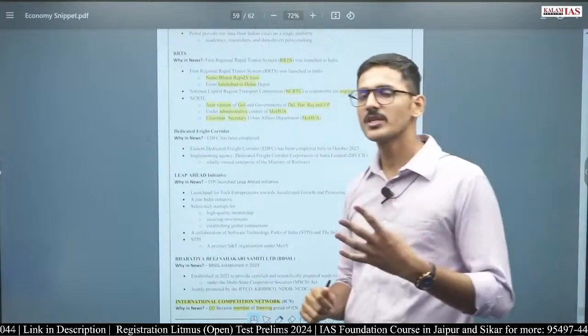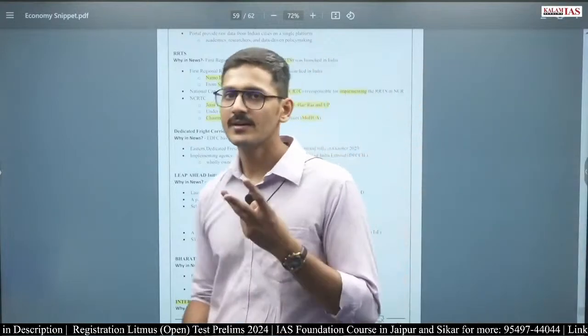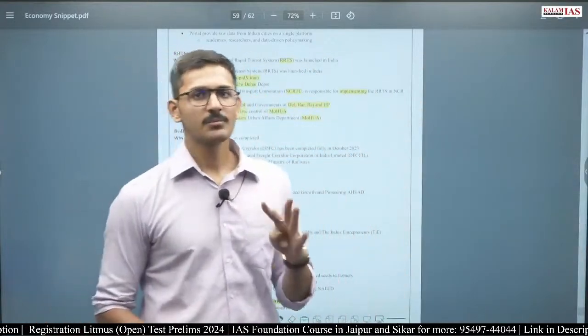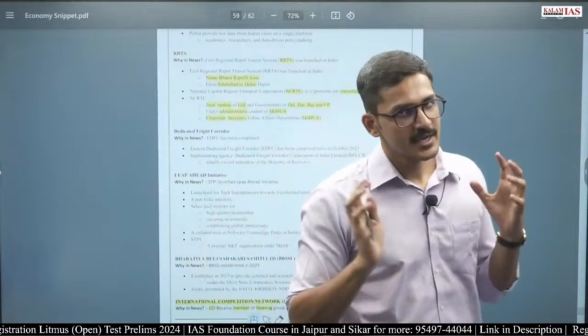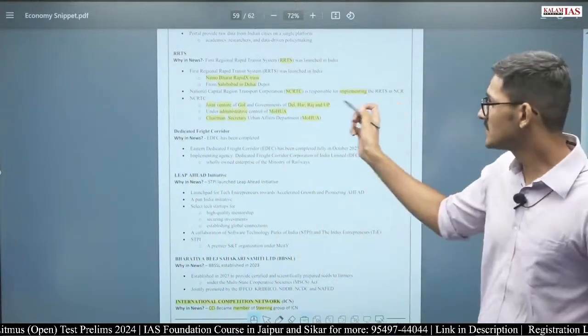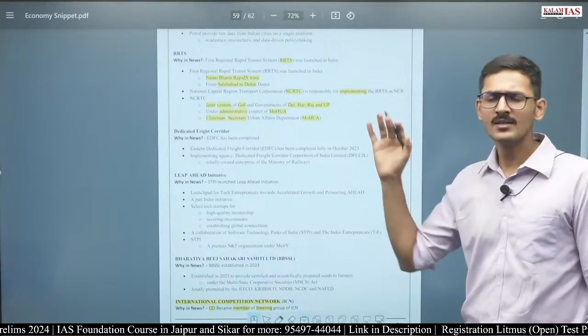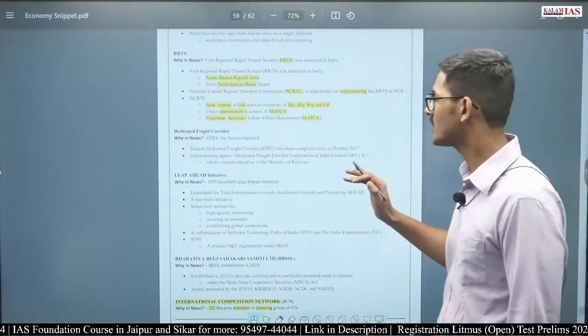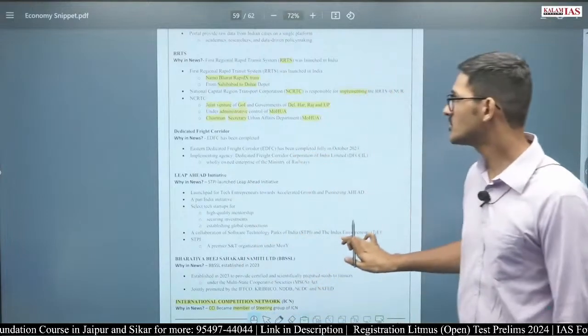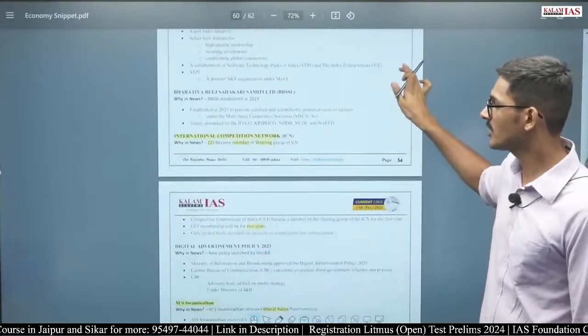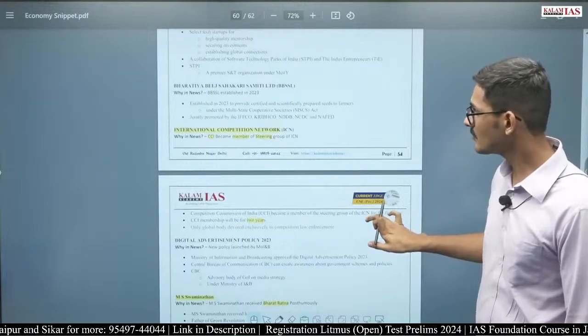So there are 4 state governments, Delhi, Haryana, Rajasthan and UP. Apart from that, the 5th is Government of India. These five have made a joint venture, NCRTC. The chairman is Secretary of Ministry of Housing and Urban Affairs.